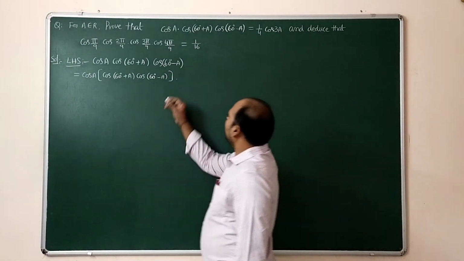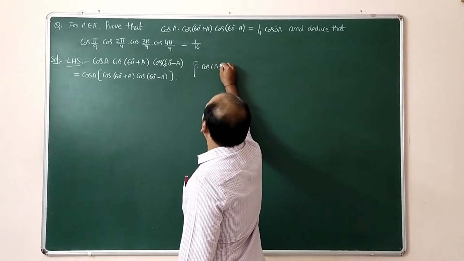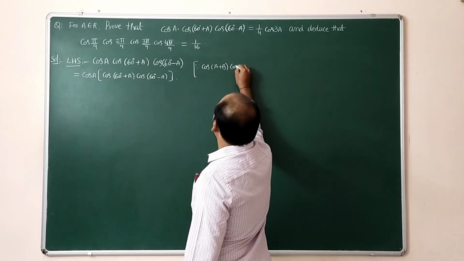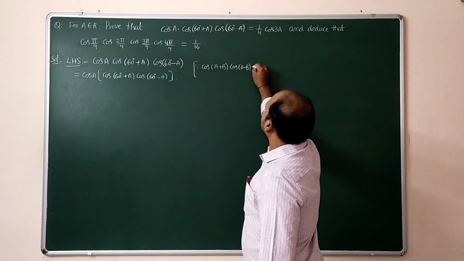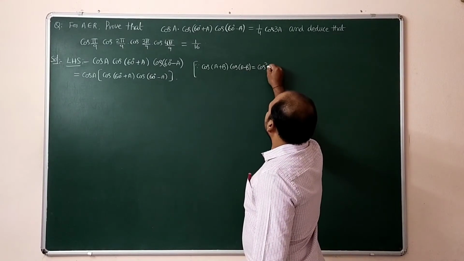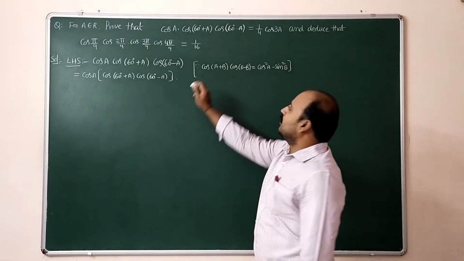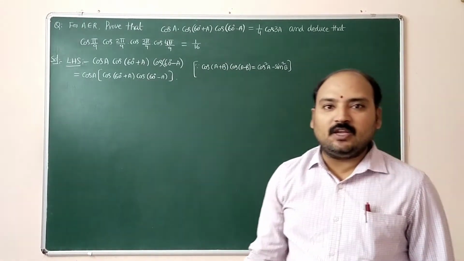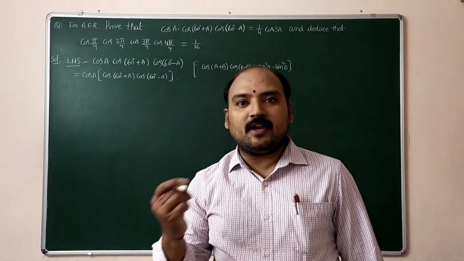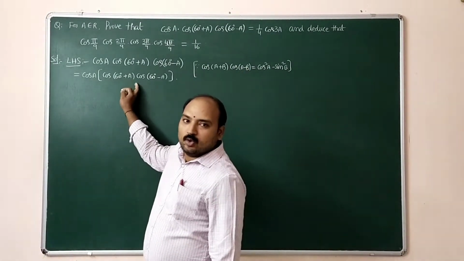We know the formula: cos of A plus B into cos of A minus B is equal to cos square A minus sin square B. You remember that this is a very important formula. Cos of A plus B into cos of A minus B equals cos square A minus sin square B, where A is equal to 60, B is equal to A here.